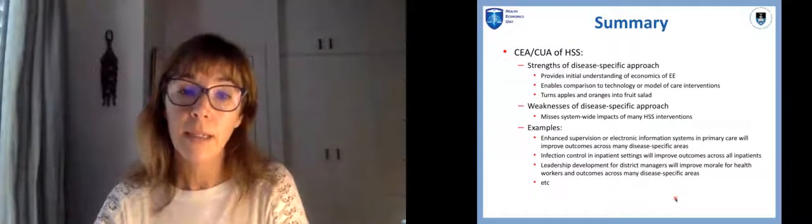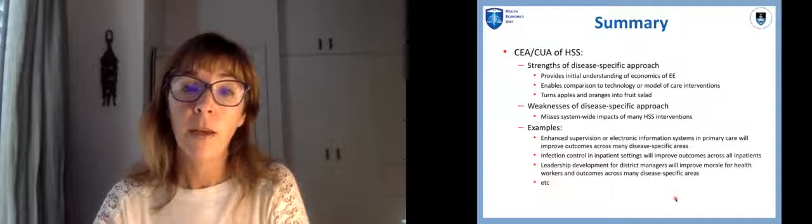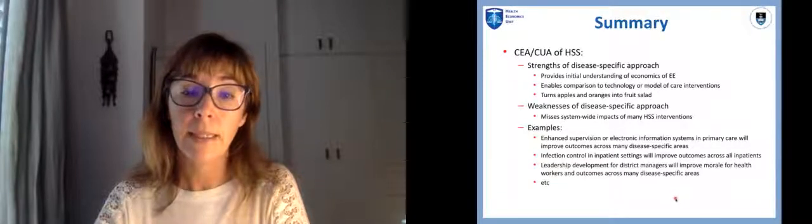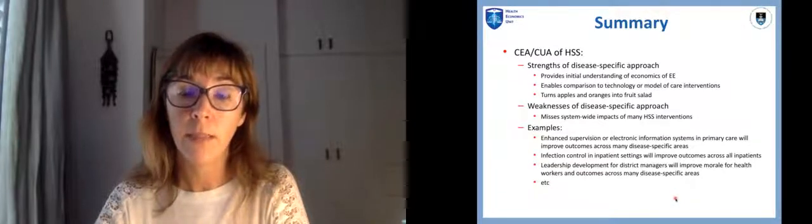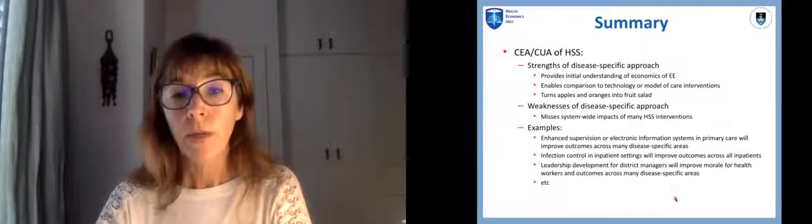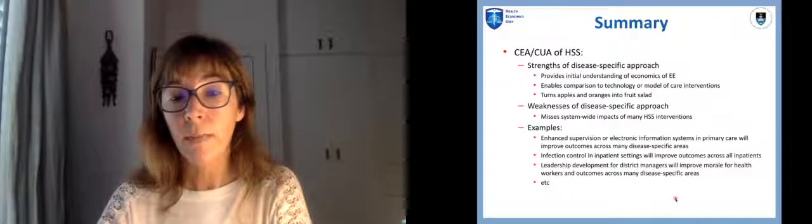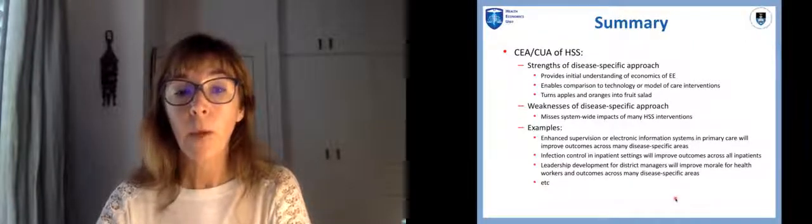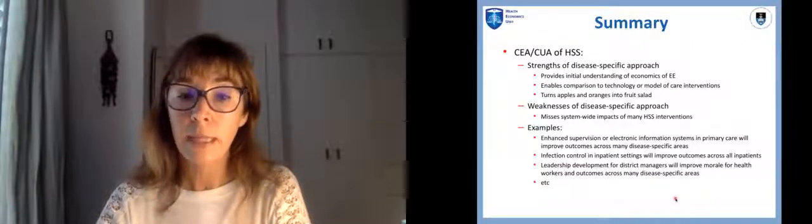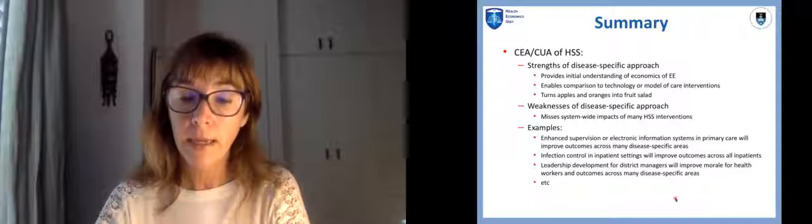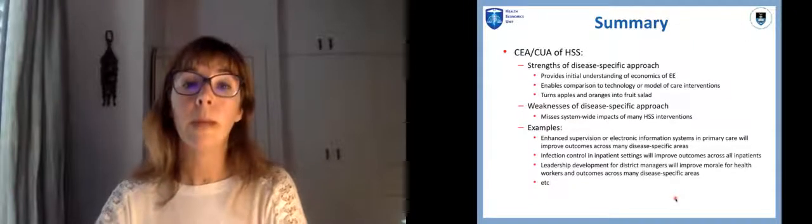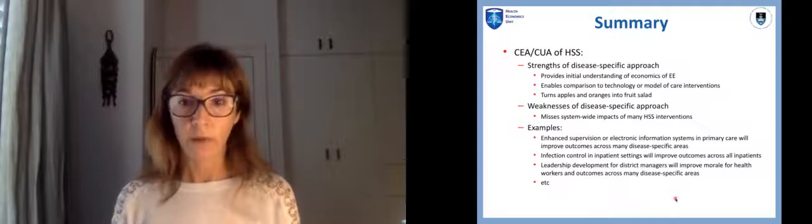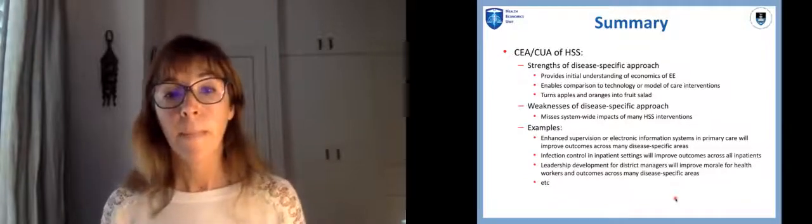The weaknesses of such an approach, however, are that you're going to miss the system-wide impacts of many health system strengthening interventions. For example, your enhanced supervision or electronic information system in primary care will improve outcomes across many disease-specific areas, yet you will only probably be able to see it within one vertical area.